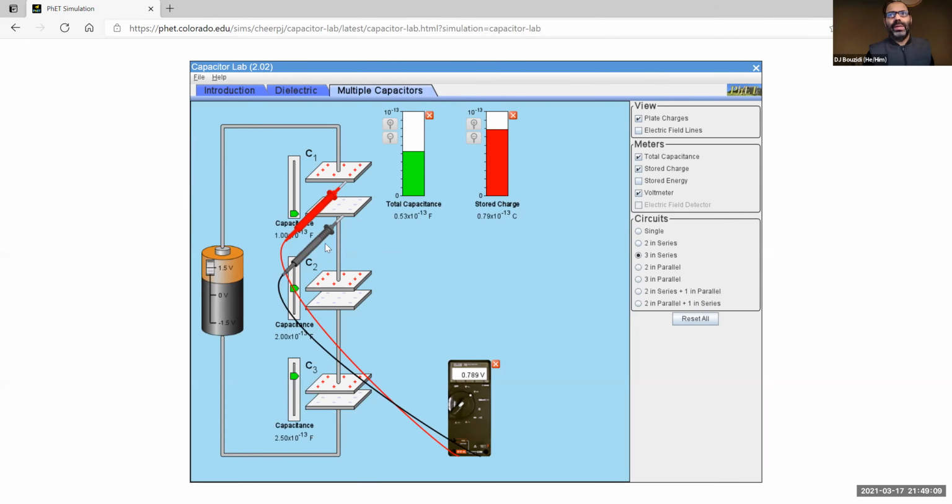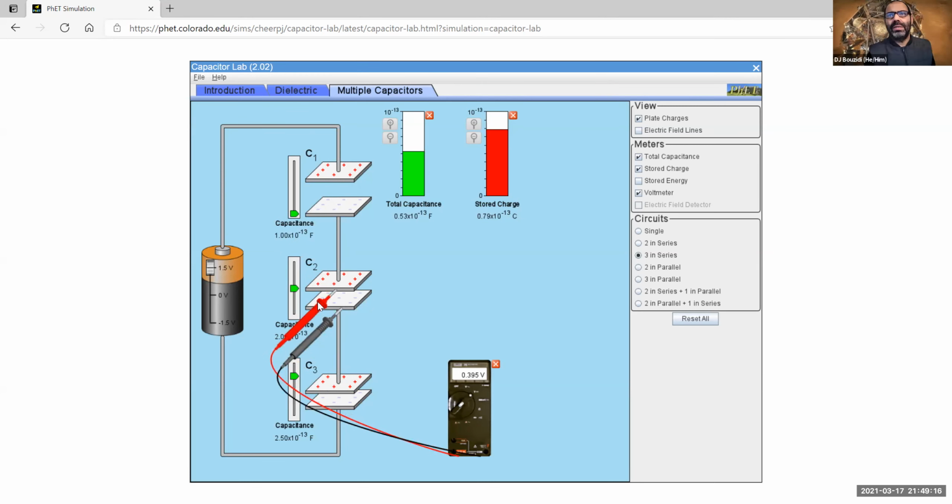This is the first voltage. I need the second voltage, so I'm going to bring it in here. That's the second voltage, and this will be the third voltage. And if I want to find the overall voltage, it should be 1.5 volt from the top to bottom. It should be the voltage of the battery, which is exactly how much it is.